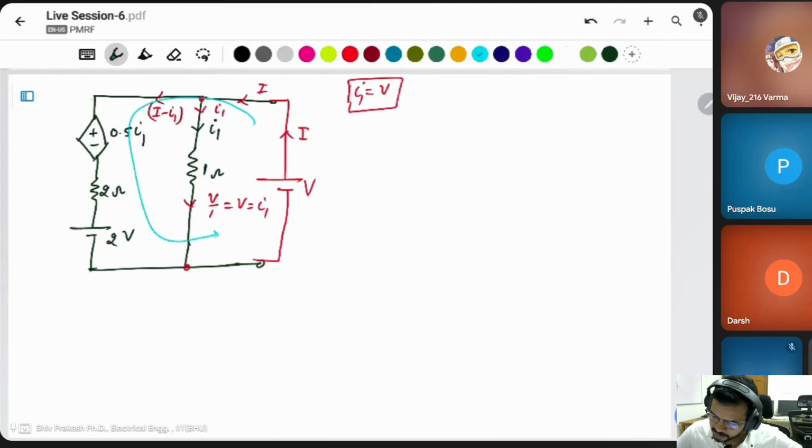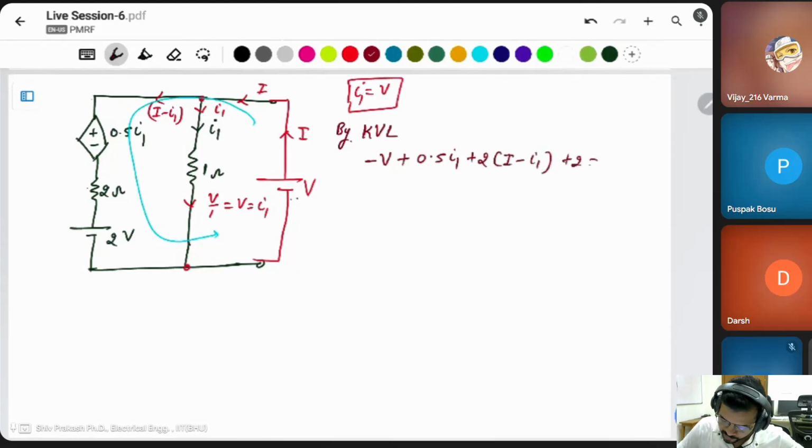Then these two are connected in simple parallel combination. 4 ohm, 2 ohm, 12 ohm, 5.